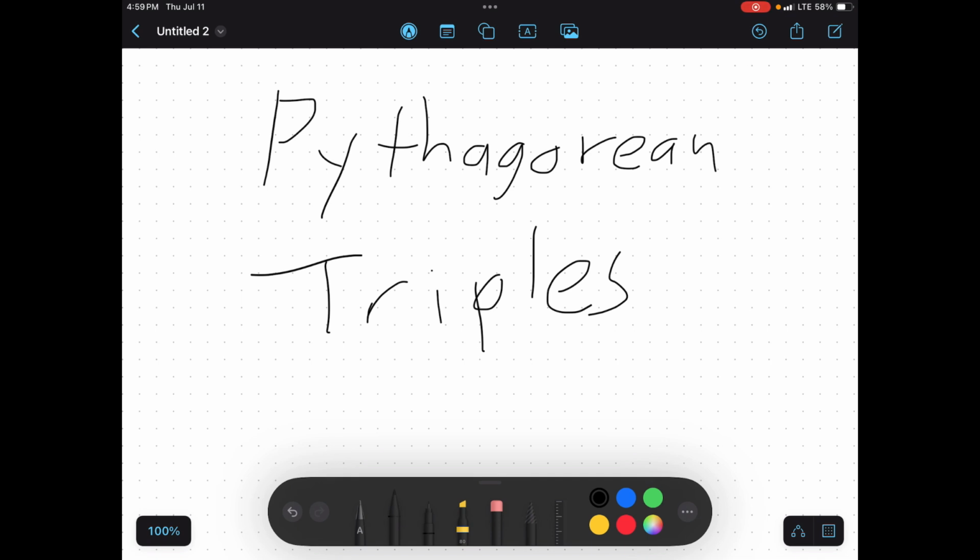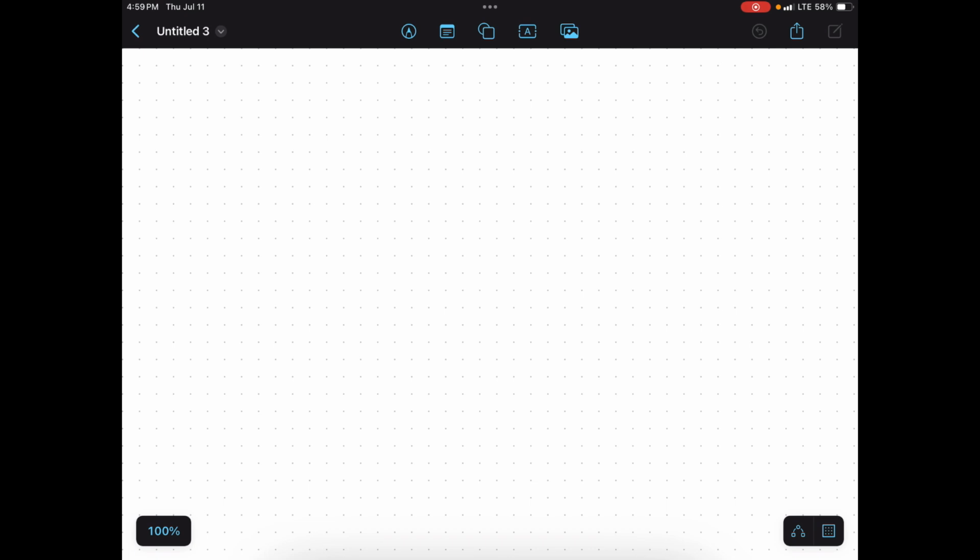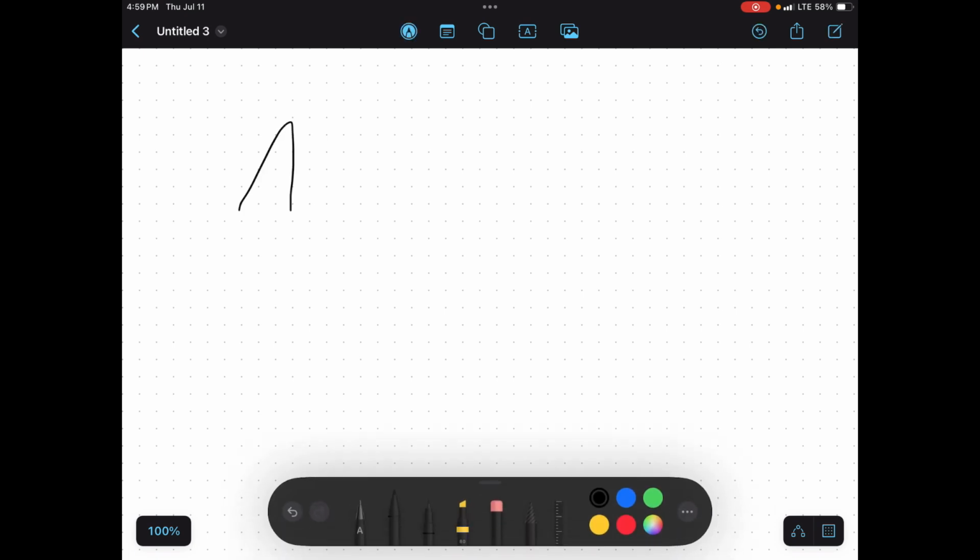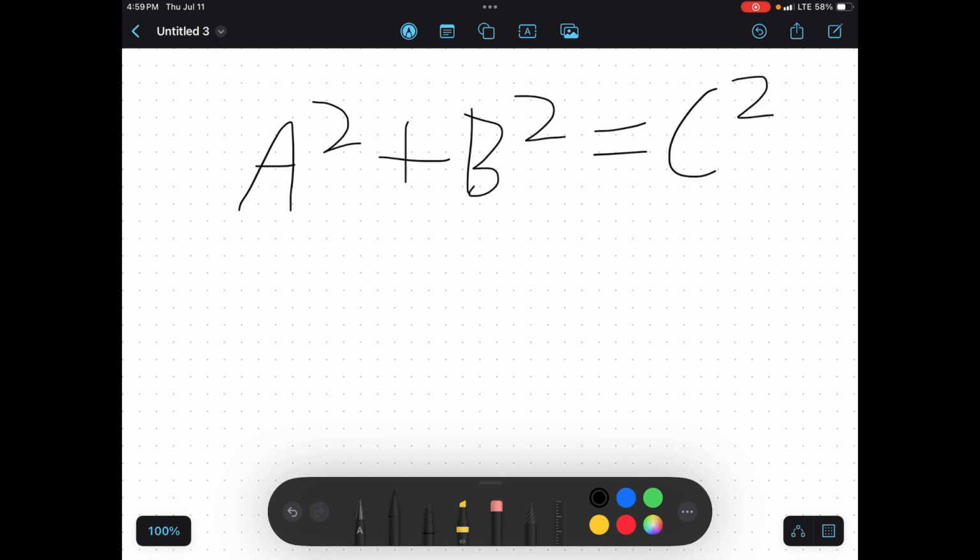Now the formula associated with the Pythagorean theorem, as you probably recall, is a squared plus b squared is equal to c squared. There's a lot to be said about this, but I won't waste your time. I want to get into Pythagorean triples.